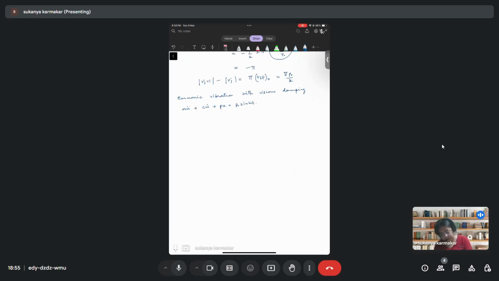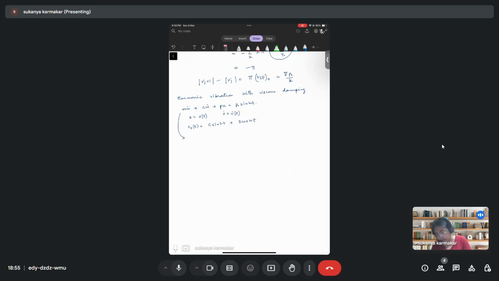Again, you have a set of initial conditions: at t is equal to 0, your displacement is u and your velocity is u dot. So again, you will have a pair of complementary solution and particular solution. Here your particular solution is of the form c sine of omega t plus d cos of omega t. This is the form which you are assuming. Then how do you solve it?